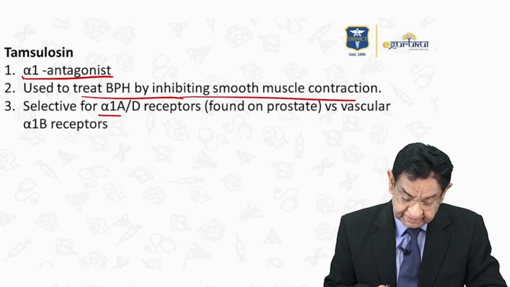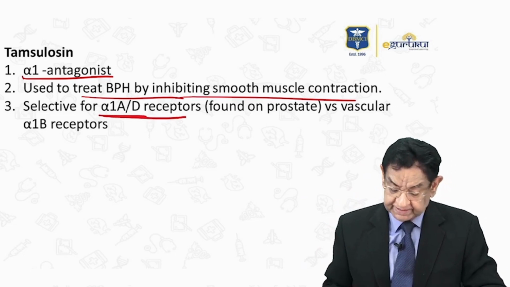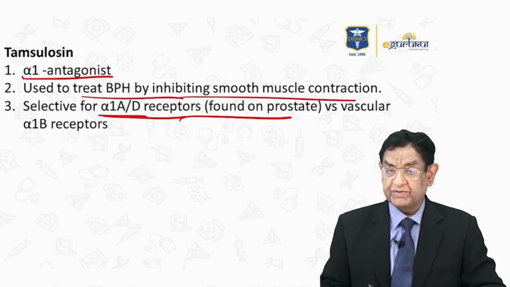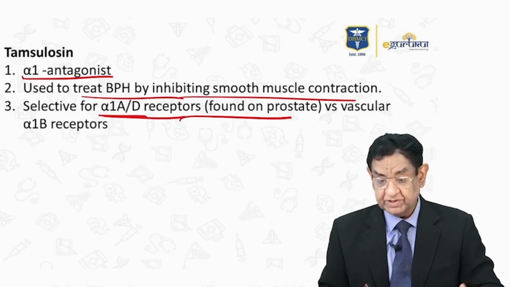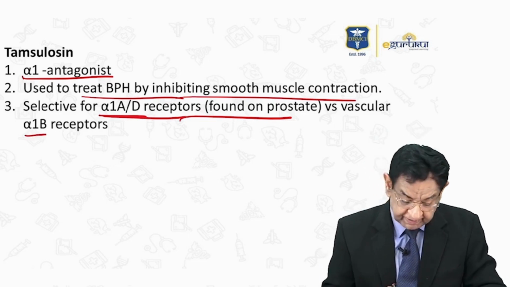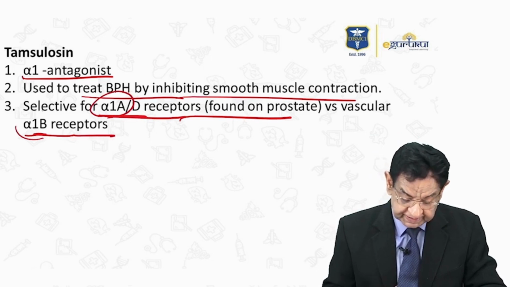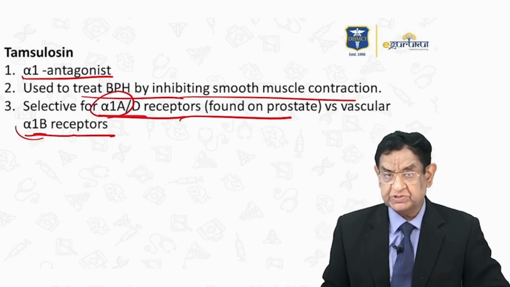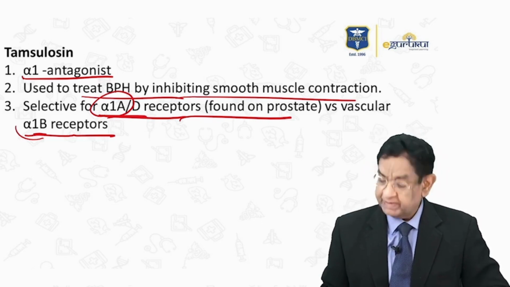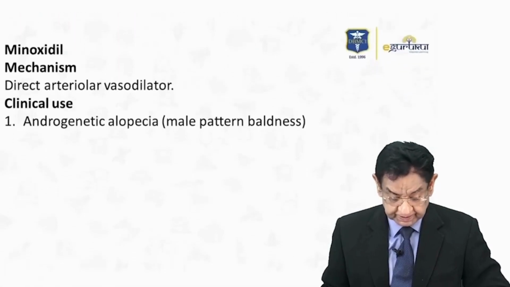It is a selective alpha-1A receptor blocker found in the prostate, and we also know that alpha-1 blockers act on the peripheral vasculature also, but those are alpha-1B receptors. So that's why we primarily use this drug in benign prostatic hypertrophy.